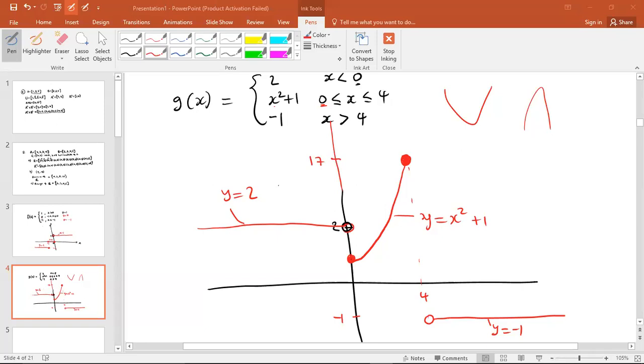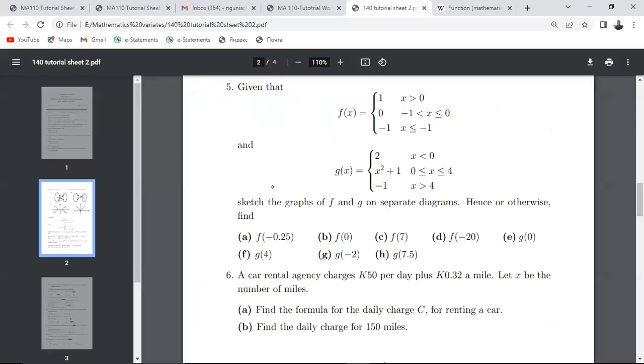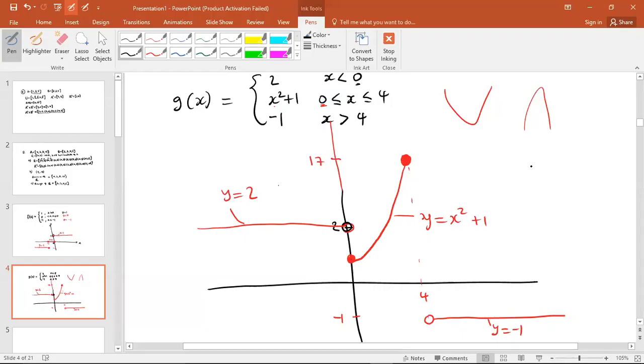Okay, so having done this piecewise function, the next thing that you do now is answer the questions that follow. Like I told you, of course, you can even tell from the graph what they want. So let's say, for example, G of 0. When you come to your graph, you want to find G of 0 when X is 0. So X is 0 is here.